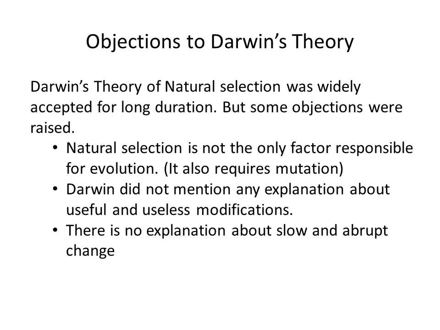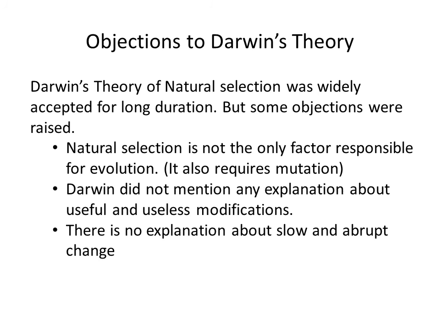Second is, Darwin did not give any explanation about useful and useless modifications. He derived the theory of natural selection, but he didn't explain how the useful and useless modifications occurred in those particular organisms.